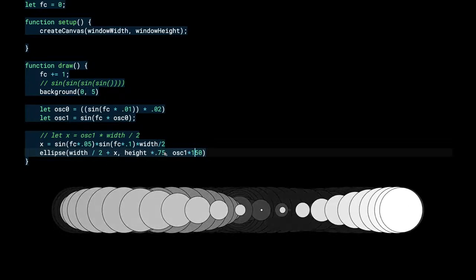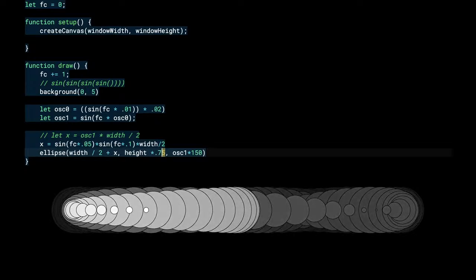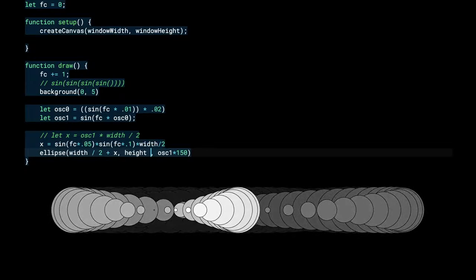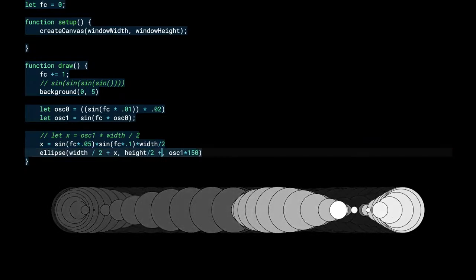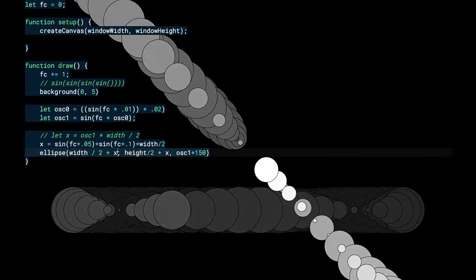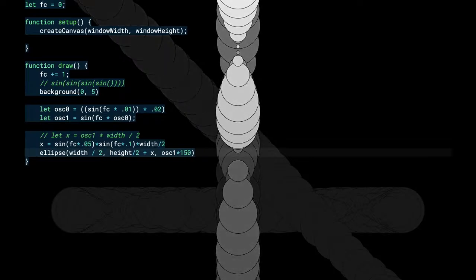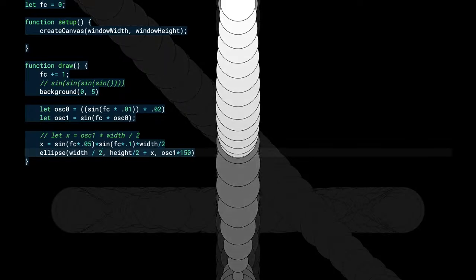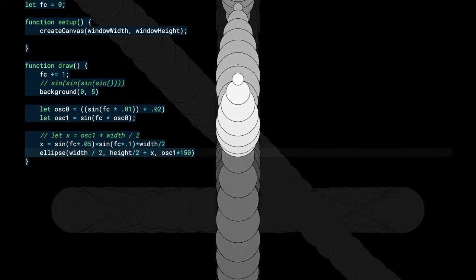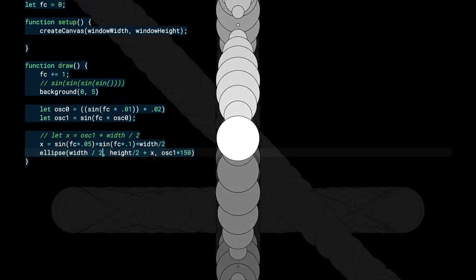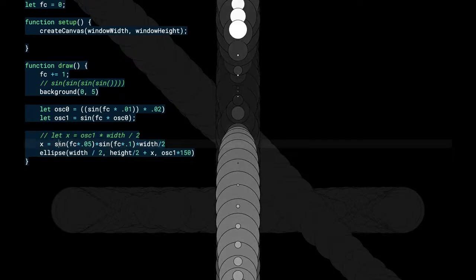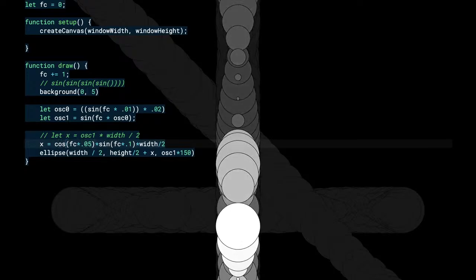Okay, what if this is applied to the height? And I just make this thing go vertically. And make that a cosine.